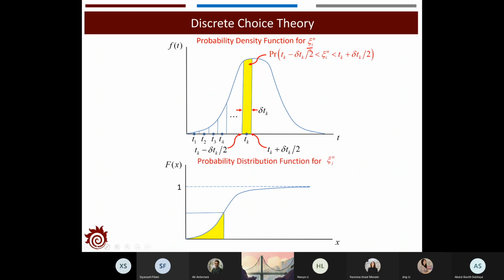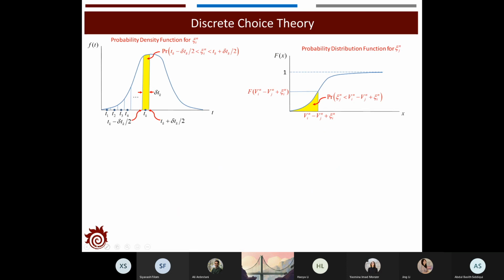And for the one below, we assume that it is the cumulative distribution function for the random term in alternative J. The yellow region represents that epsilon J is less than Vi minus Vj plus epsilon I. Here we just assume that A equals Vi minus Vj plus epsilon I. So now we have these two probabilities, and we want to use these two definitions from the graph to find out the probability of choosing the alternative I.